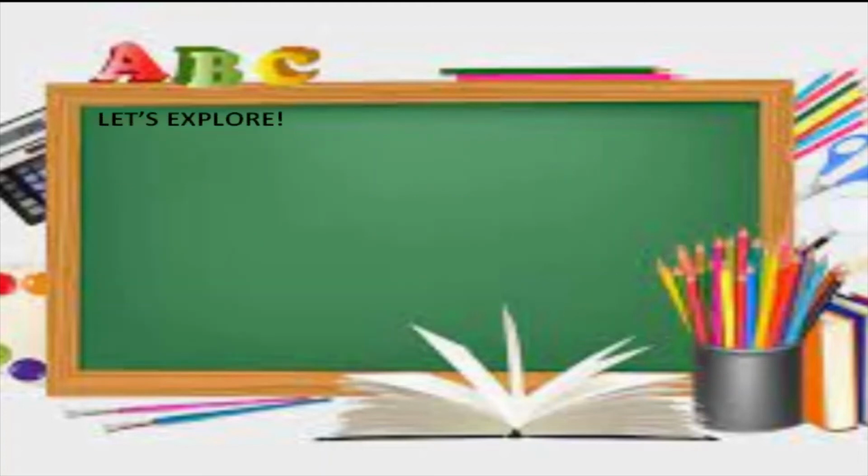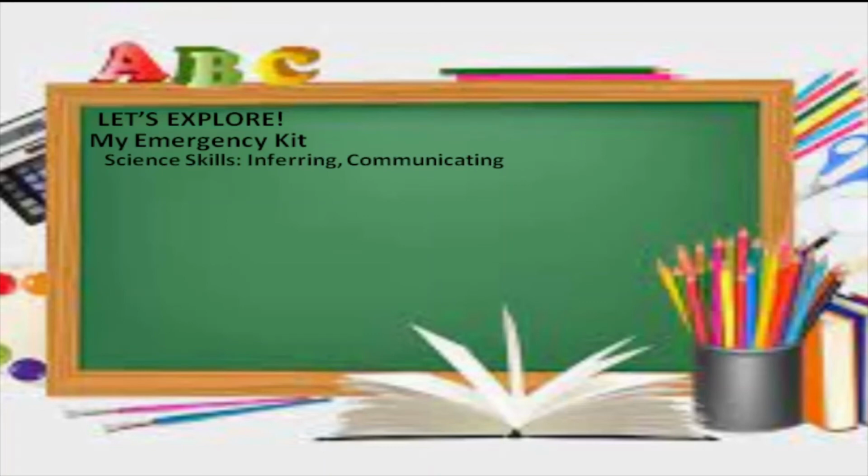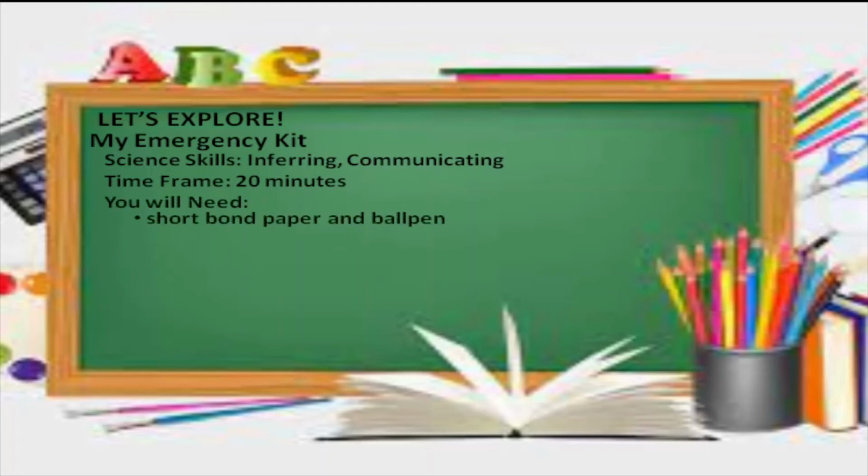It's experiment time. Let's explore. My emergency kit. Science skills: inferring, communicating. Time frame of this activity is 20 minutes. You will need short bond paper and ball pen. What to do?